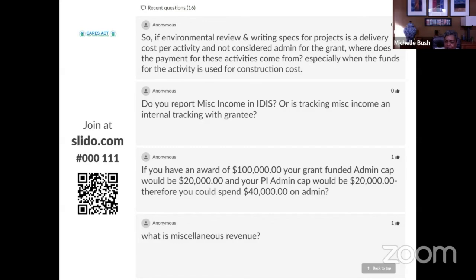I think the answer to that question would be no. If you received 100,000 from your grant and 100,000 in program income, you could spend 40,000 on planning and admin, but you couldn't spend 40,000 on admin if you're only talking about your $100,000 grant. In other words, you can spend 20% of your grant plus 20% of your program income, and that in effect becomes your cap, right? Right.